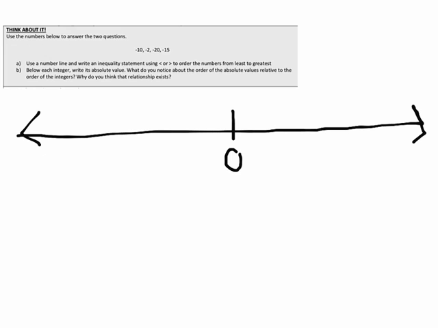So let me actually erase my 0, and I'm going to put 0 down at the right end of my number line, right here. I don't have any positive numbers I have to plot right now, so I'm just going to use the left side of my number line, or the negative side on the left of 0. So I said I would make a scale of 5, so my first line is going to be -5.